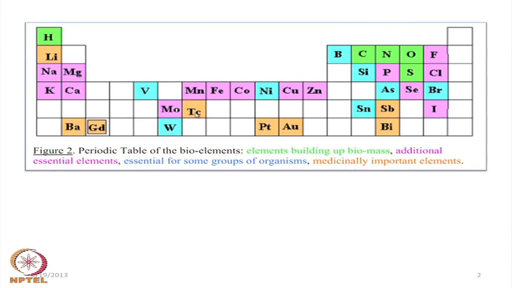Some of these medicinally important elements include technetium, which is a very good imaging agent. Then antimony and bismuth are also important; though they are toxic to the living system, they can be utilized for some important functions.